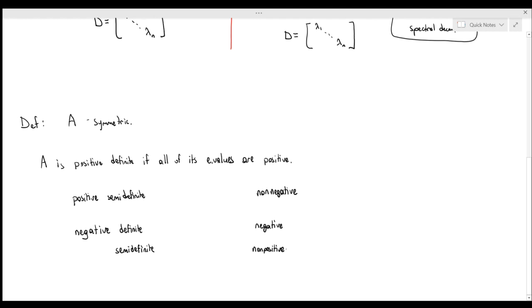Meaning for negative definite, they all have to be strictly less than 0. If it's negative semi-definite, they are less than or possibly equal to 0. Okay.